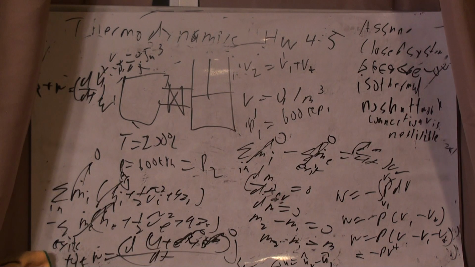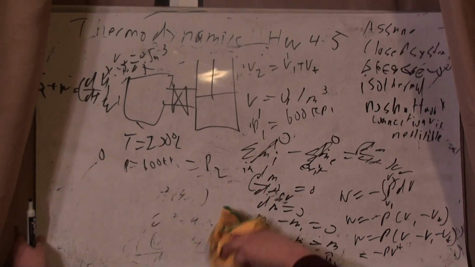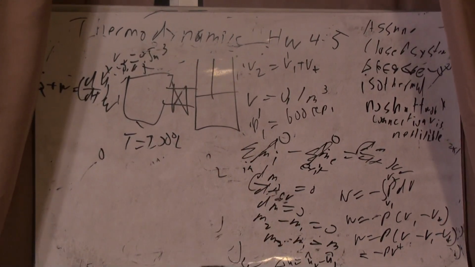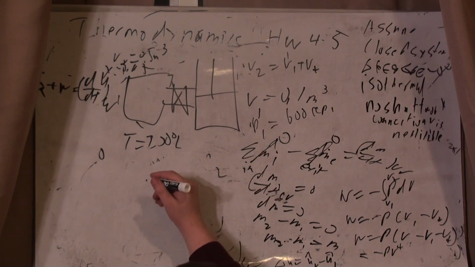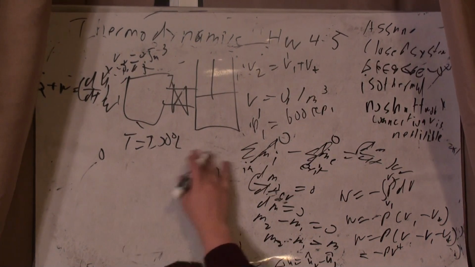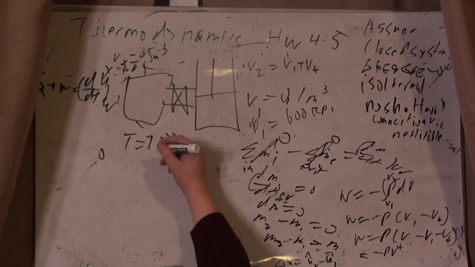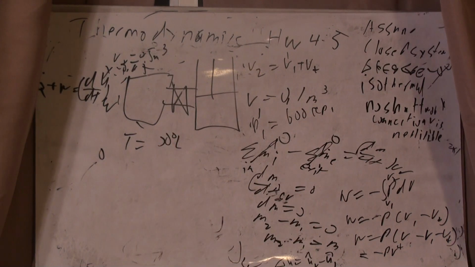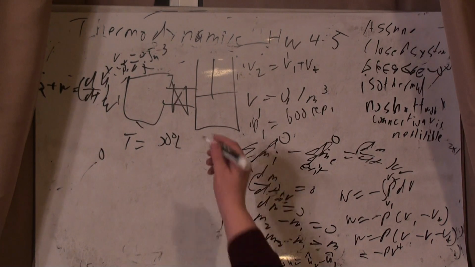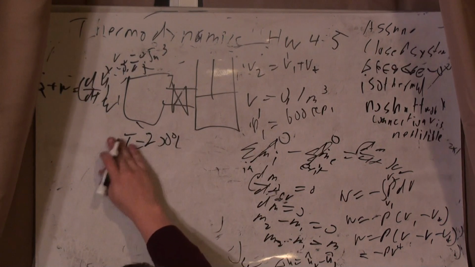I get these from looking at the different states for water. It's isothermal, right? I remember the temperature because they erased it on this. And the temperature is 200 degrees Celsius. Okay, I was right.